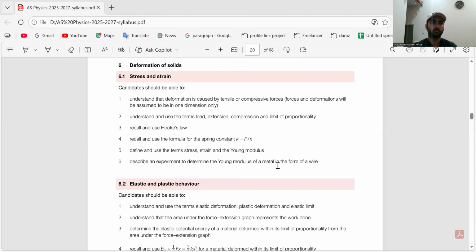Now we are going to our topic. Initially, the highlight points of the deformation of solid.